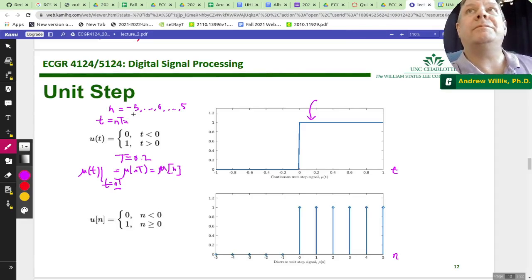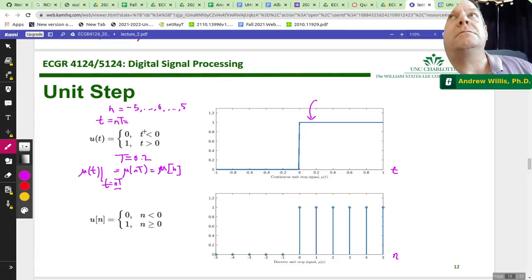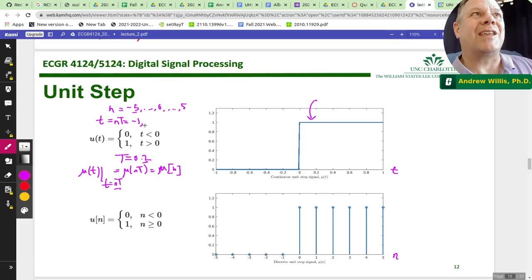If I multiply 0.2 by minus 5, I get minus 1. Right, minus 1. And so by inference, what does that mean when you multiply 0.2 times 5? 1.